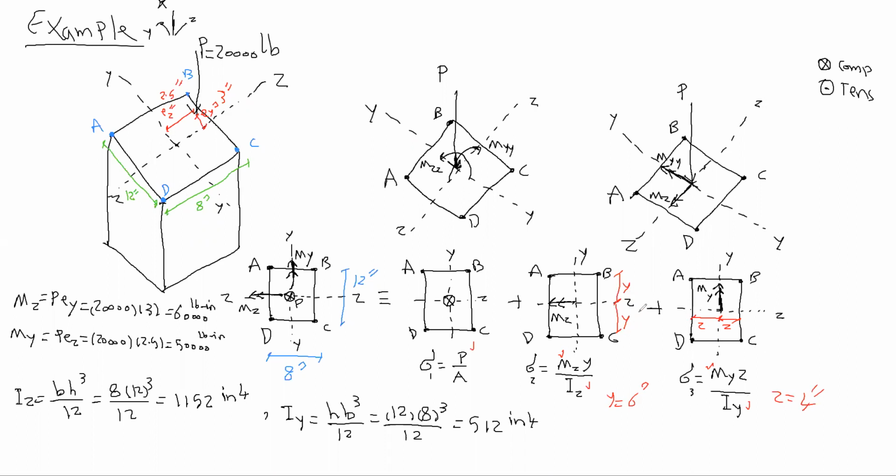So now we want to go over each point separately, A through D. One thing we can do right now: let's find the values of sigma 1, sigma 2, and sigma 3. Maybe it's good to find them without sign, just the magnitude, the absolute value.